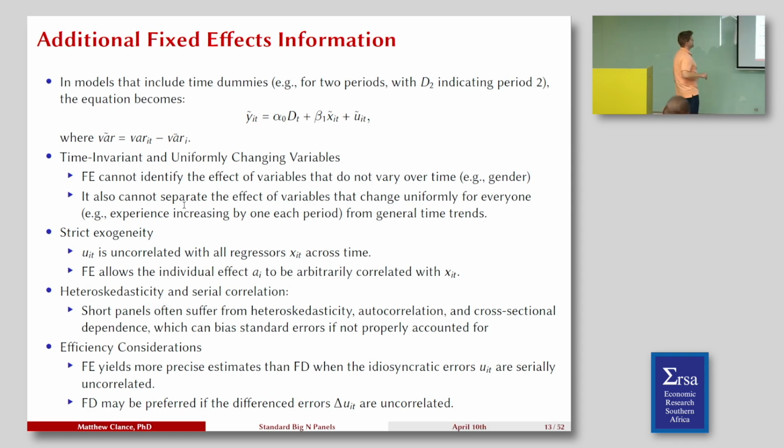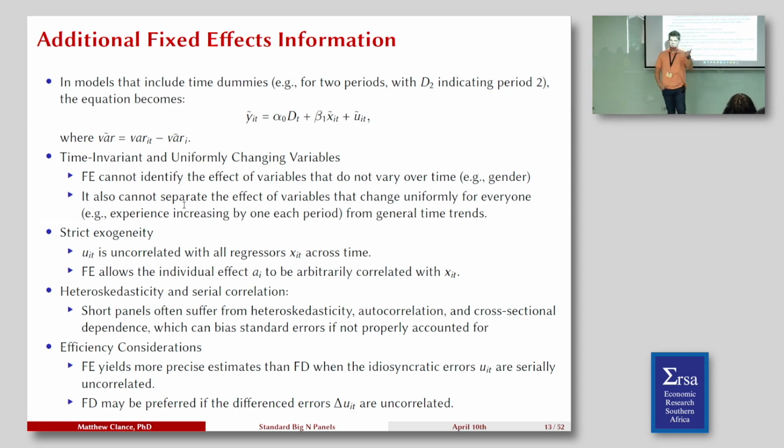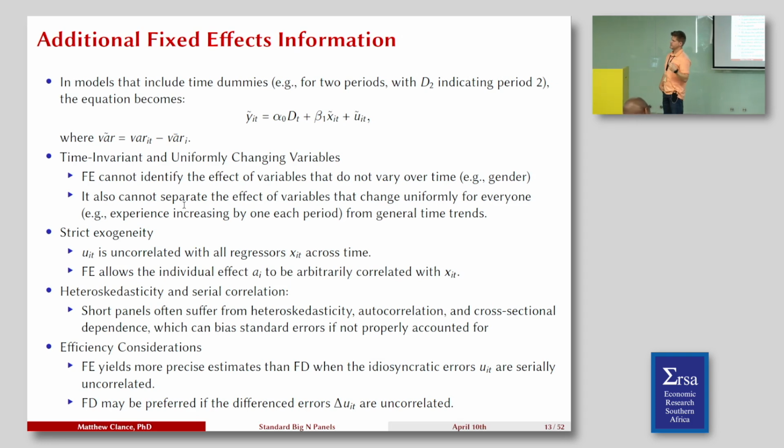In a 2-period panel, this would be a dummy variable: if year 2, 1; if year 1, 0. And it's just a way of marking the average effect within that year for the population within your sample.